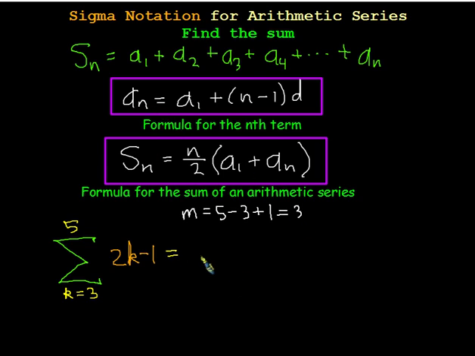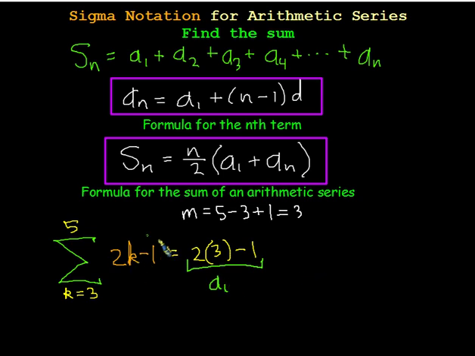So let's go ahead and go 2k minus 1. So our first term is going to be 2 times 3 minus 1. I want to remind you, this whole thing, that's a sub 1. That's our first term.